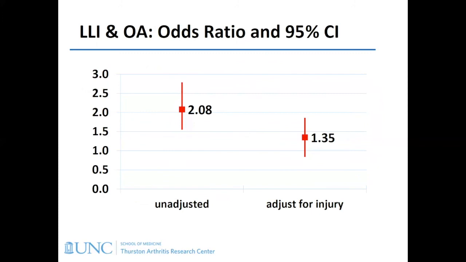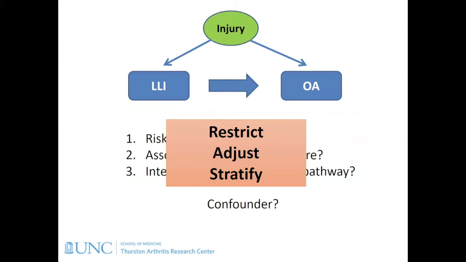Here, when we didn't adjust for injury, it looked like we had this really strong association between leg length inequality and osteoarthritis. But once we put it into the model, we saw that this association was reduced, because injury, through its association with osteoarthritis and its other association with leg length inequality, was creating this false stronger association. So that's the confounder.